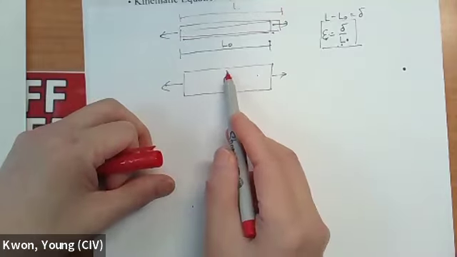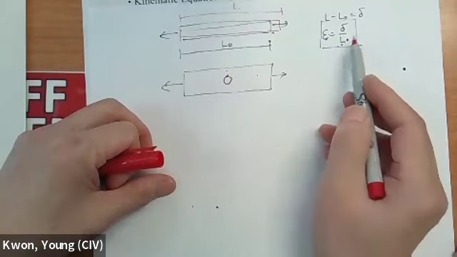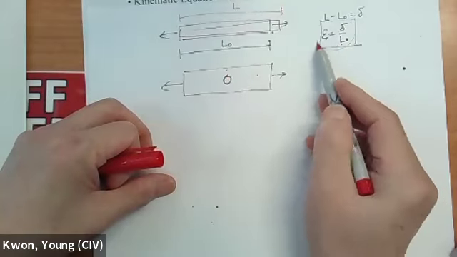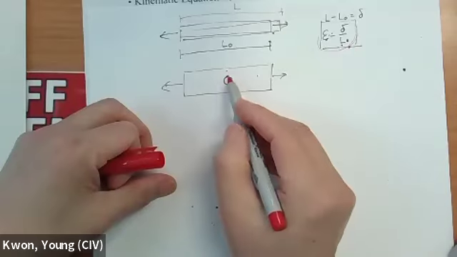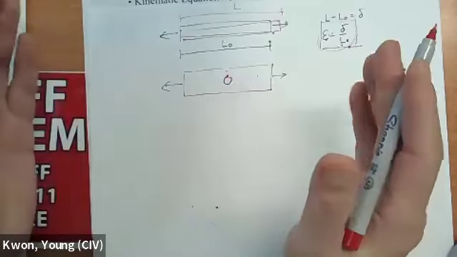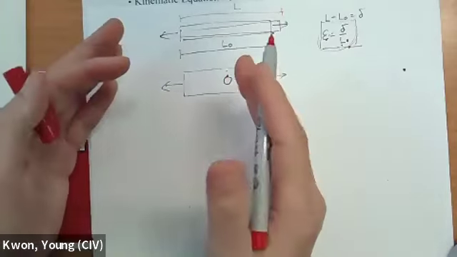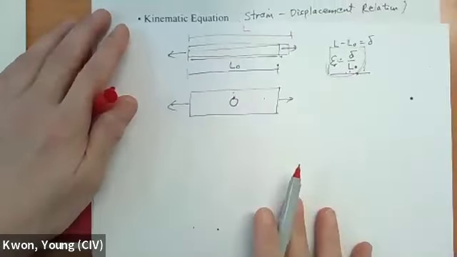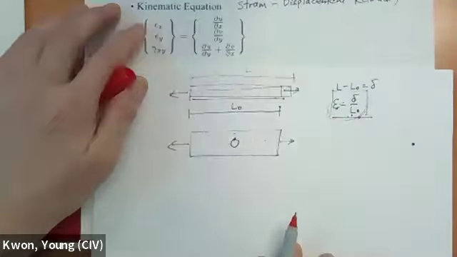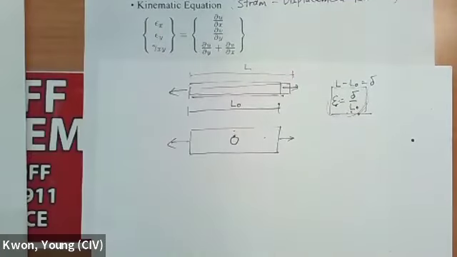So you are going to have a different strain. That means this expression is not going to be true anymore. So you have to define strain at each individual location, not the average value, like stress. That's what we are talking about here, the relation between strain and displacement.